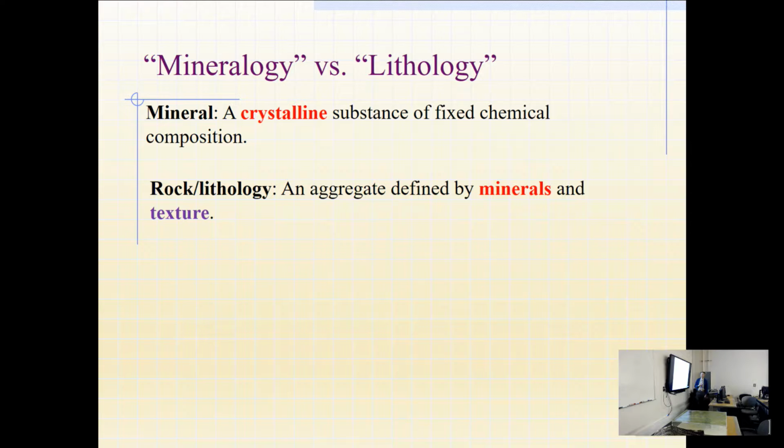Just some terms for those that haven't had a lot of geology classes. When we say mineral, we're talking about a crystalline substance that has a fixed chemical composition. So when I say quartz, that means silicon dioxide. When I say calcite, what's that? Somebody help me out here. Calcium carbonate. Same thing as chalk or Tums.